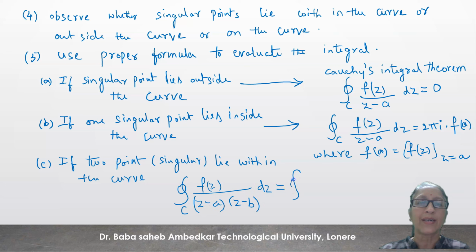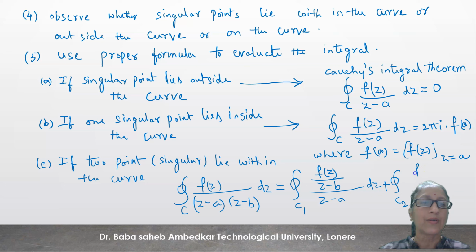Then this can be written as the contour integral along C1 of f(z) by z minus b upon z minus a dz, plus the contour integral along C2 of f(z) by z minus a upon z minus b dz. You can write this integral like this.